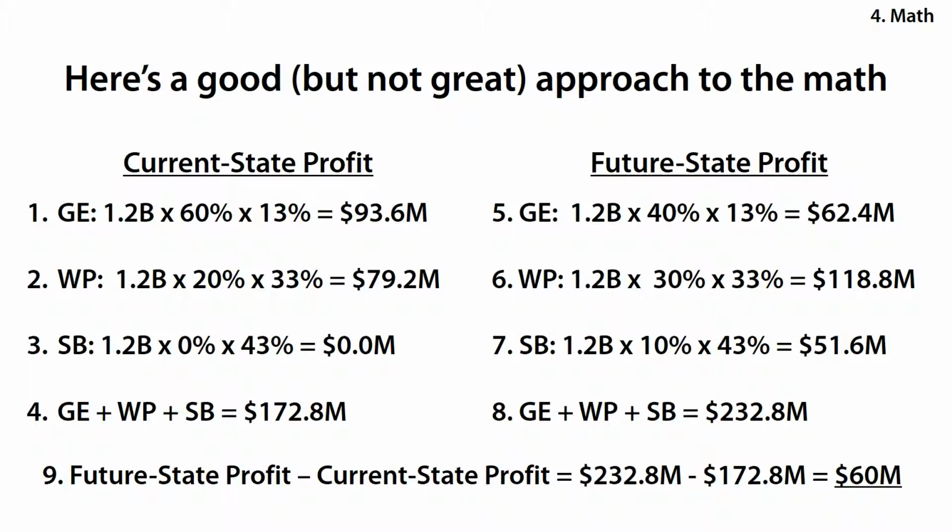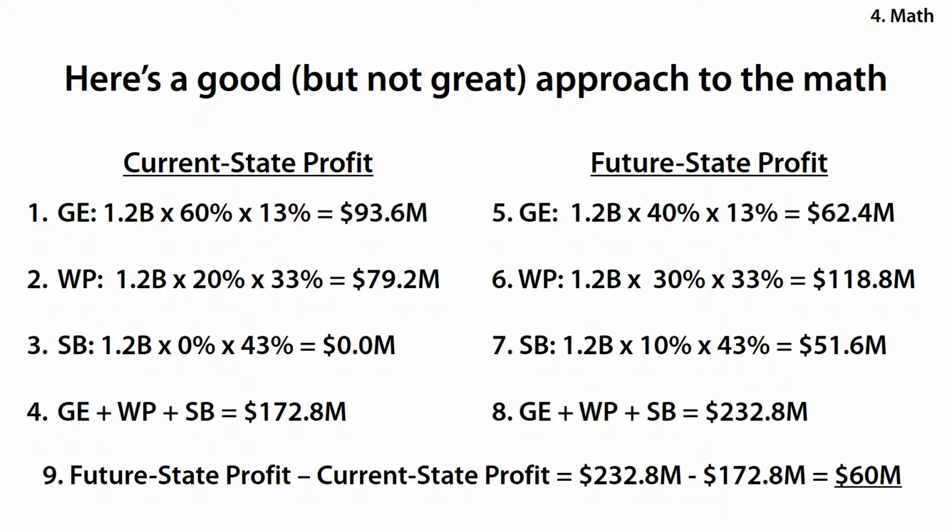All right, so now I got to do the future state profit. So it's going to be 1.2 billion times 4 over 10, which is 4.8 billion over 10, which is 480 million times 13%. So 10% is 48 million.